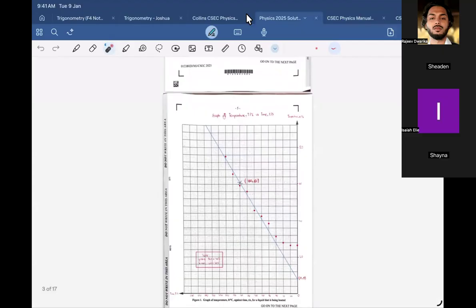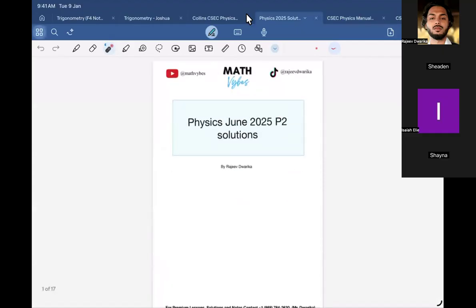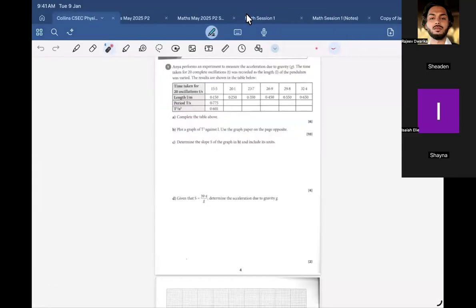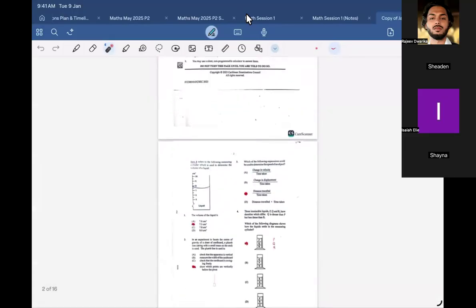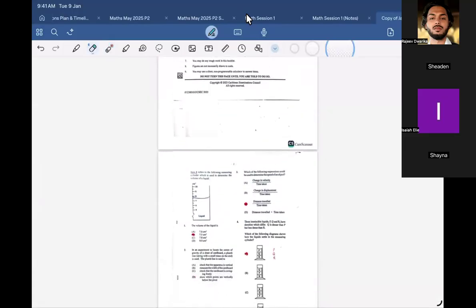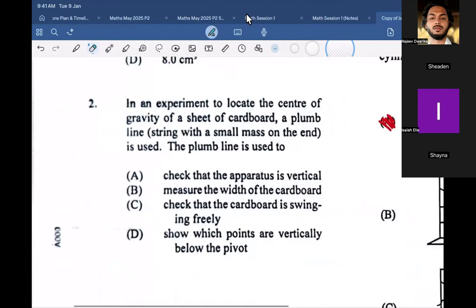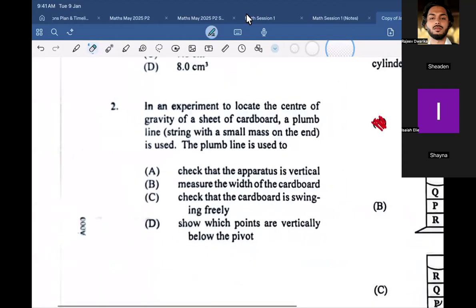So that being said, I want you all to figure out the answer over here. Give this question a read for me. This was from the 2025 paper one for January. So anybody can tell me what they think the answer is.